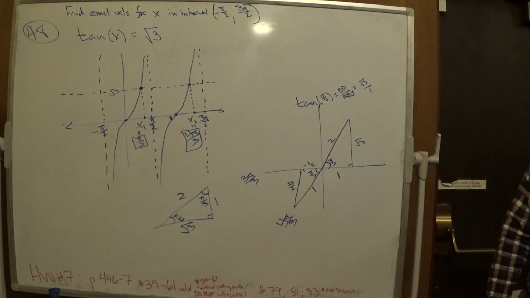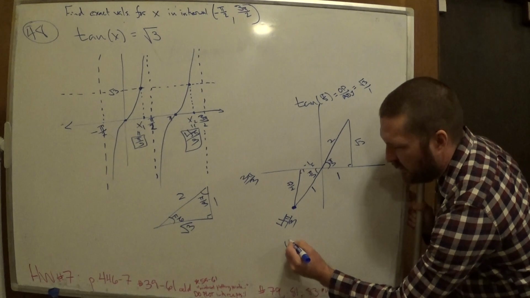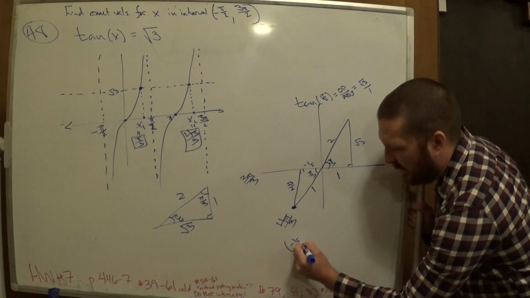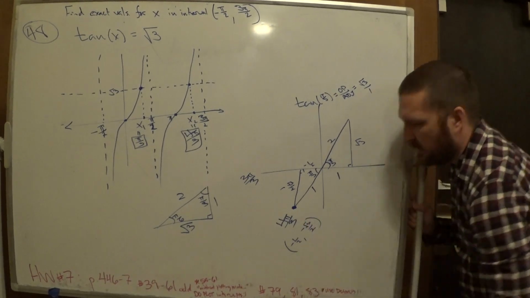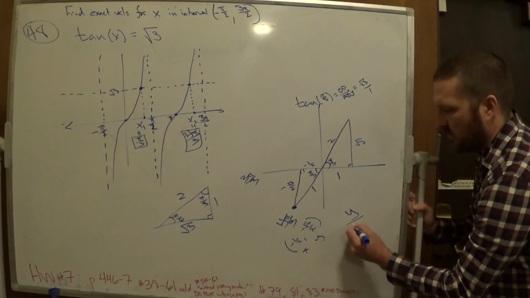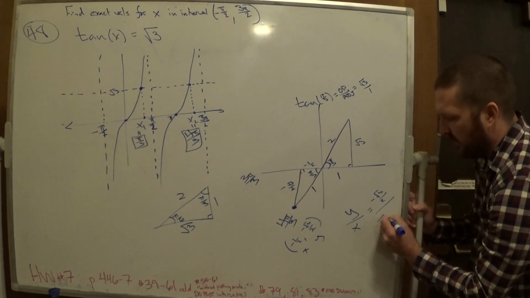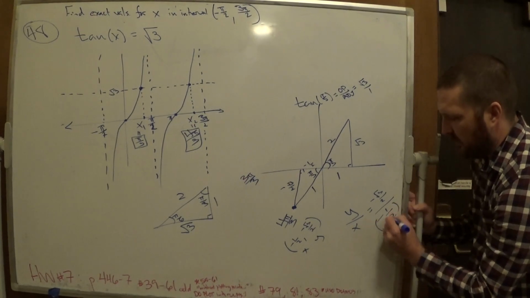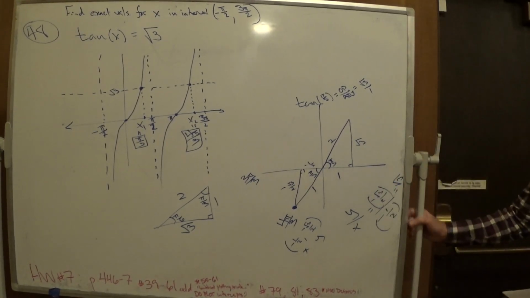And so then the point on the unit circle would be the point minus 1/2, minus root 3 over 2, which would be your x and your y value. And we know the tangent is y over x. And so negative root 3 over 2 over negative 1 over 2 does indeed give you a positive root 3, right?